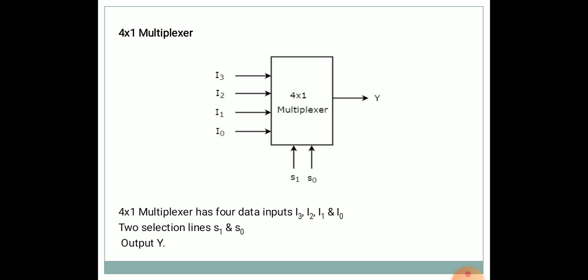For a 4 into 1 multiplexer, we know n equal to 4. N equal to 4 means 2 squared.